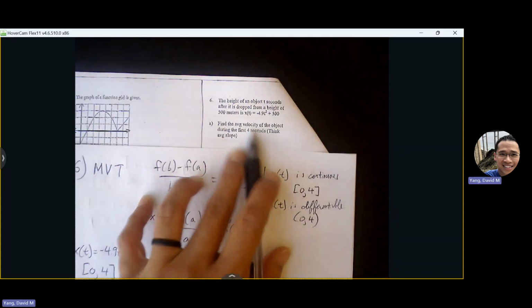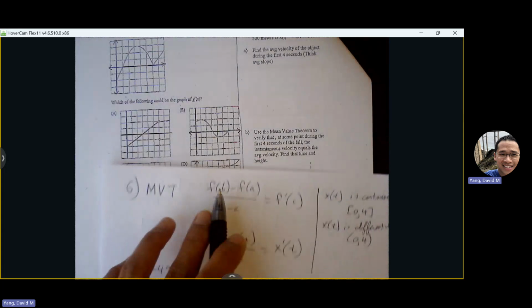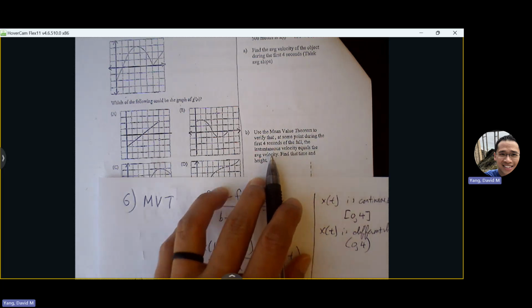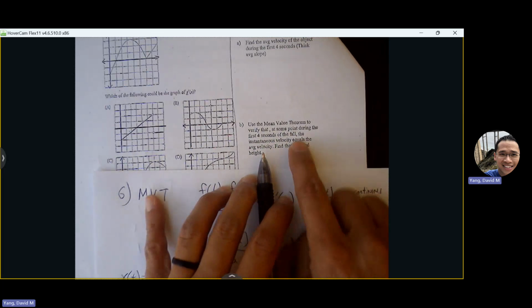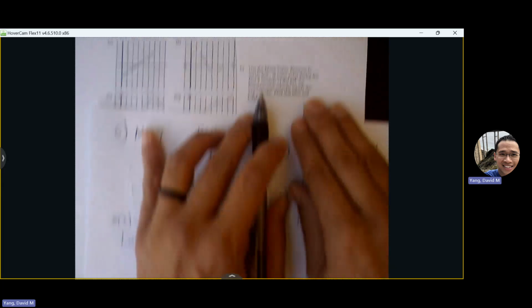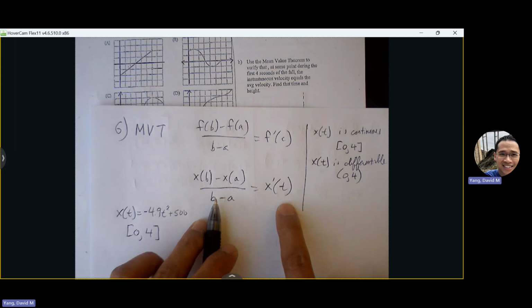Yeah, so find the average velocity. That's going to be the left side of mean value theorem. And then use mean value theorem to confirm that at some point, first 4 seconds, the instantaneous velocity equals the average velocity. So anytime you see the average rate of change equal the instantaneous rate of change, that's basically the problem indicating that they want you to apply mean value theorem.